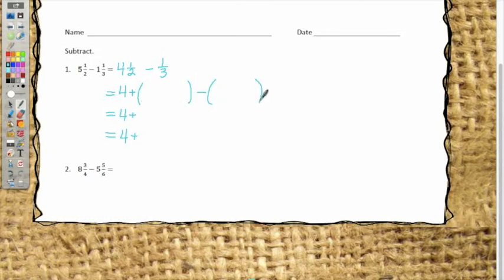Okay? I'm going to rewrite number 2 over here just so you guys can see it better. All right? You don't have to rewrite number 2 because you have enough room. Now put your pencils down. So number 2 is 8 3/4 minus 5 5/6.